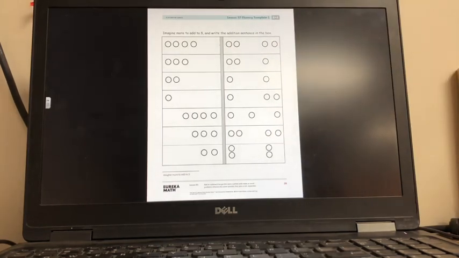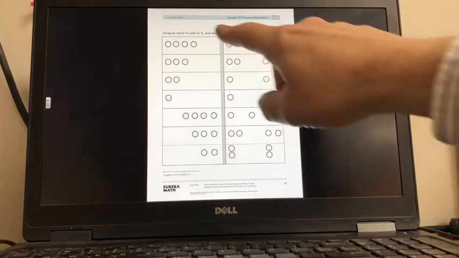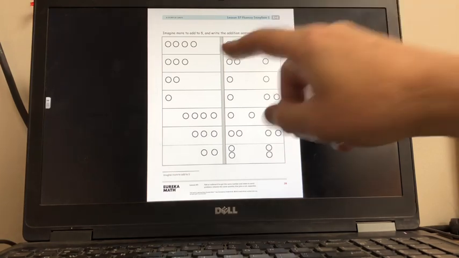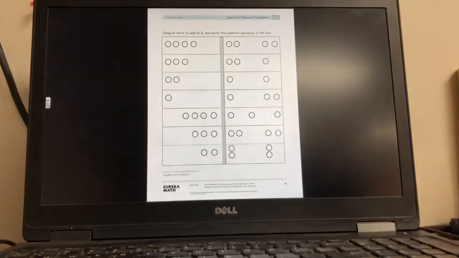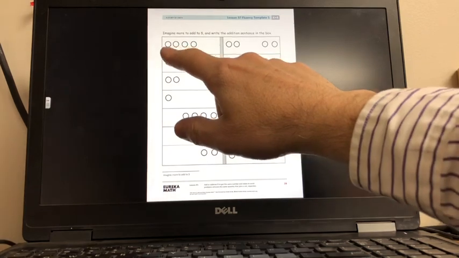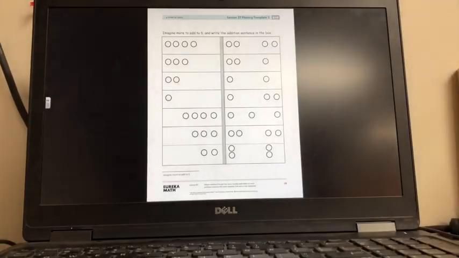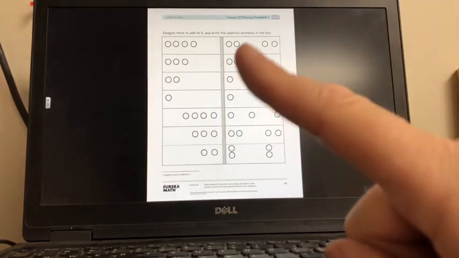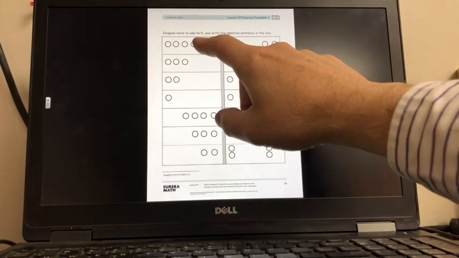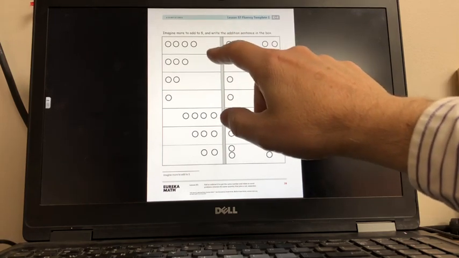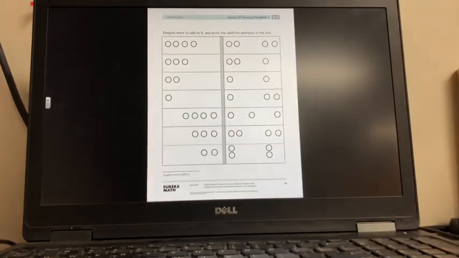So not like the last one we did where we drew more to make 5, you're going to imagine how many more you need to make 5, and then you're going to write a number sentence in the box. Let's look at this first one. There are 4 dots. How many more do you need to make 5? 1 more. So instead of drawing another one, you're going to write 4 plus 1 equals 5.